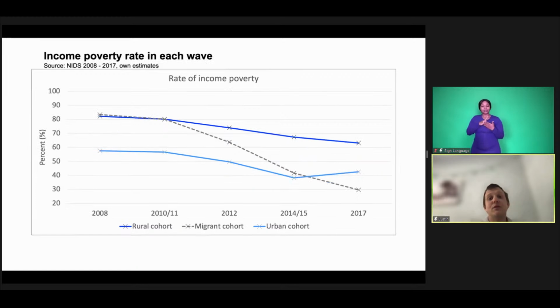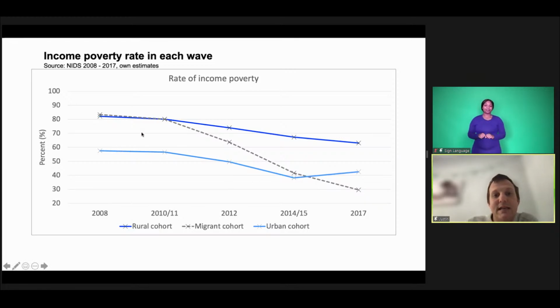What does this mean in terms of poverty, and this is specifically talking about the rate of income poverty? You can see that because people are moving to urban areas from rural areas, and they seem to be moving into employment with better odds of getting a job, and some of these jobs are in the formal economy, which would pay a decent wage, people end up being much better off in terms of their incomes.